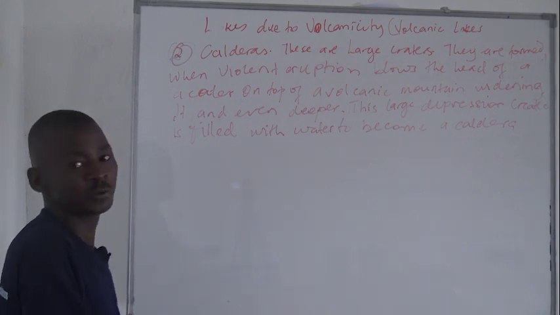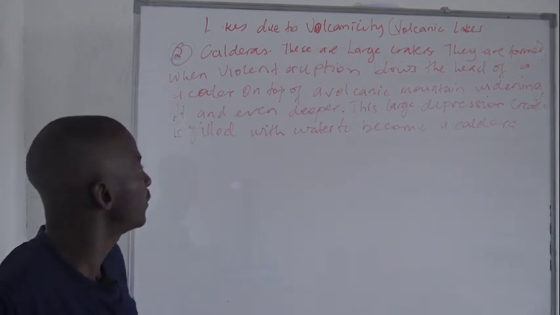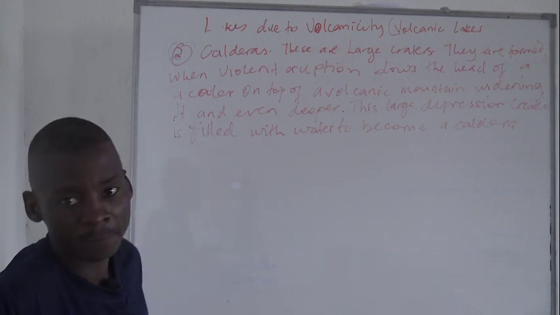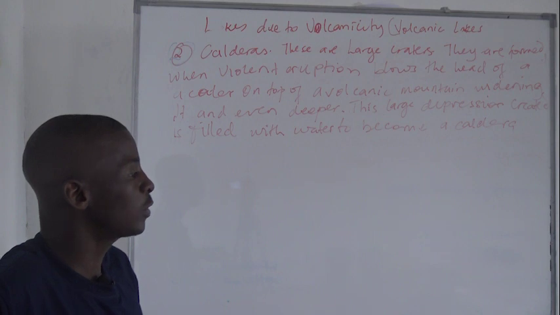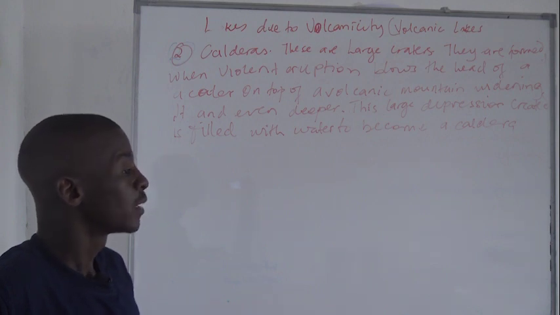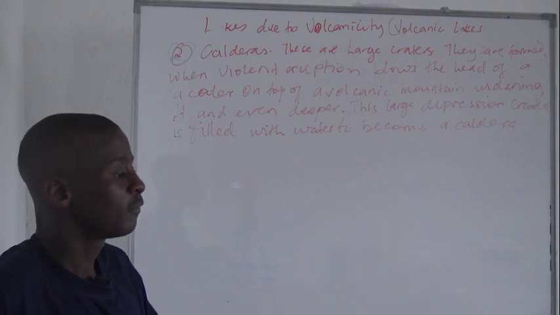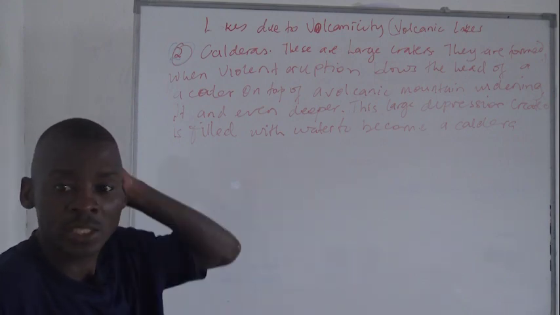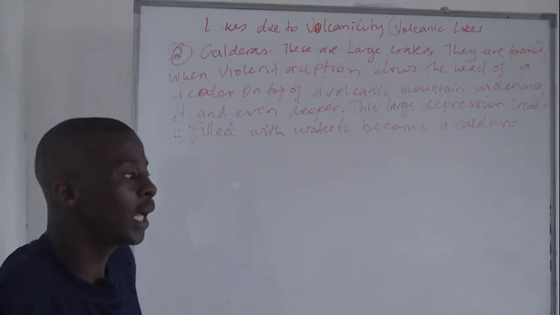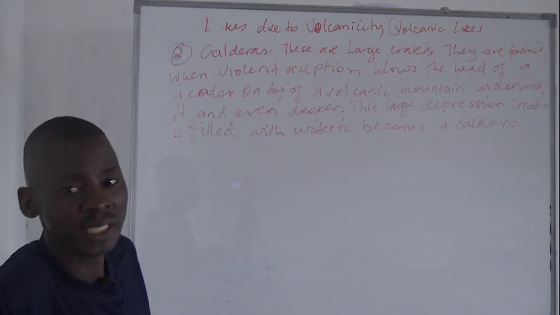So initially, as I've already told you, the first thing to be formed is a crater. The crater lakes are primarily formed, but later on, under the Earth's surface, volcanic materials or magma, or molten materials come when they are fluid, mobile and very viscous.